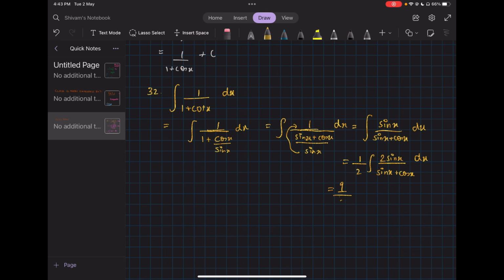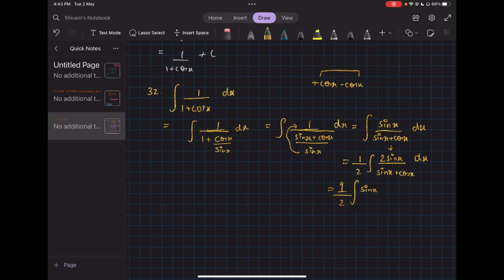Now, in the numerator, we're going to add and subtract a cosine x for no reason at all, seemingly. We're just adding a 0, because obviously plus cosine x minus cosine x is 0. But we're doing that so that our integral is easily solvable. And we're going to write 2 sine x as sine x plus sine x.